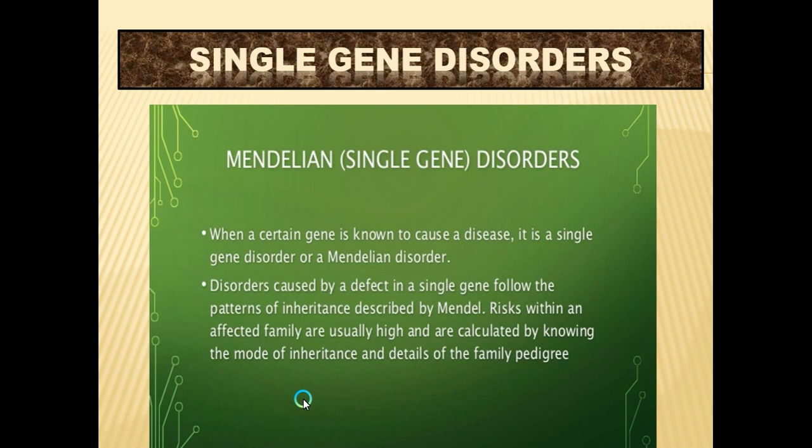We have a diagrammatic representation of that. If some disorders are there in high risk families, we find out the chances of inheritance. In some disorders there is a 50% chance, in some a 25% chance, and so on. So we shall be studying based on the Mendelian pattern.